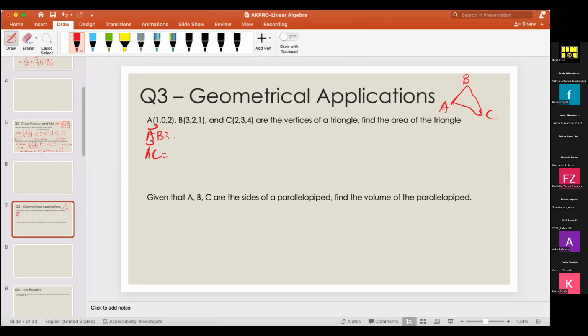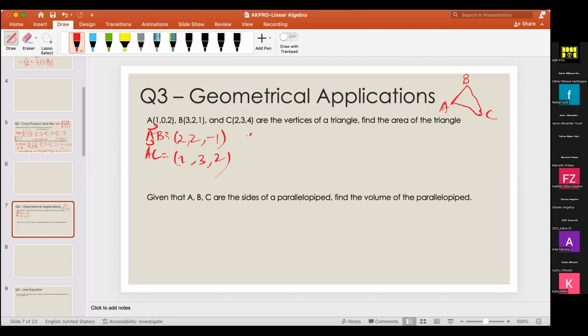The vector AB would be 3 minus 1, that's 2, 2 minus 0, that's 2, 1 minus 2, that's negative 1. And AC would be 2 minus 1, that's 1, 3 minus 0, that's 3, 4 minus 2 is 2.